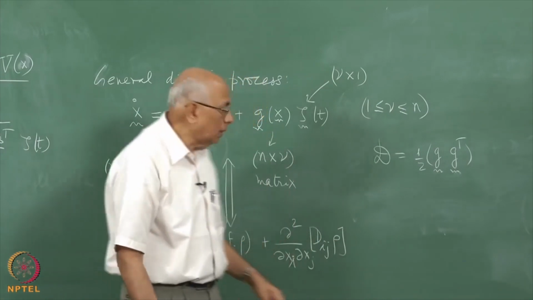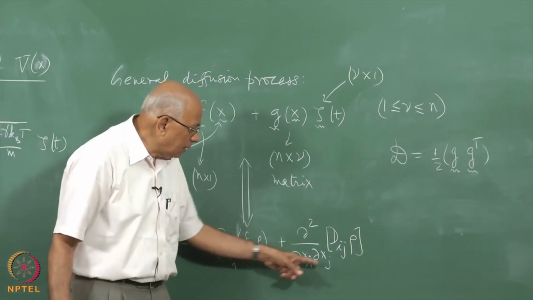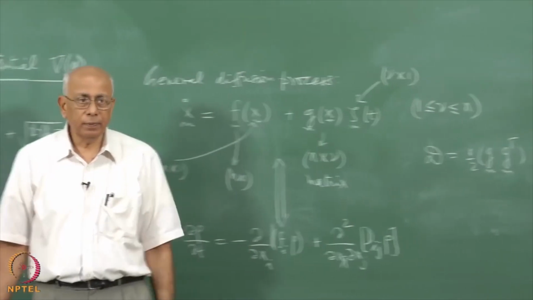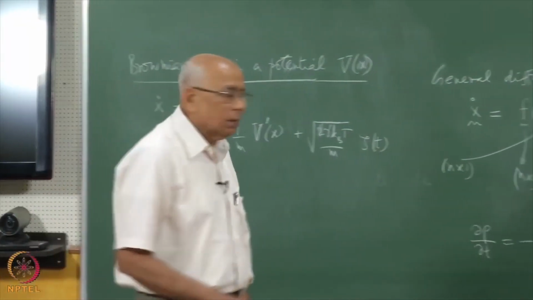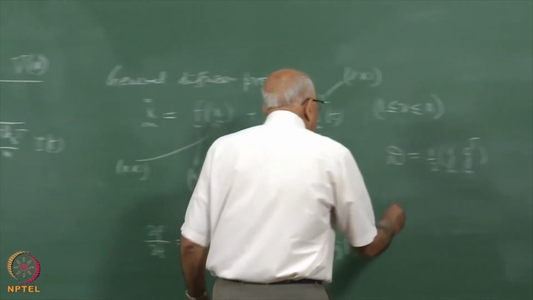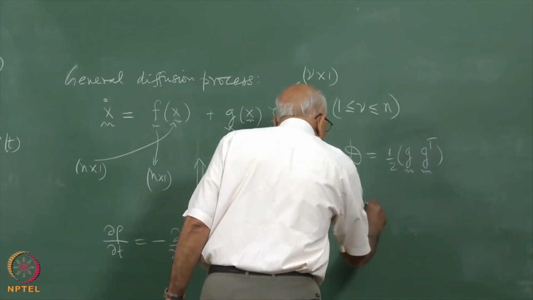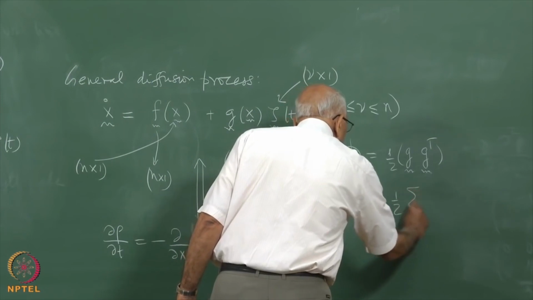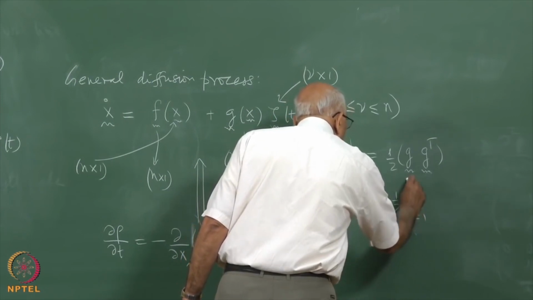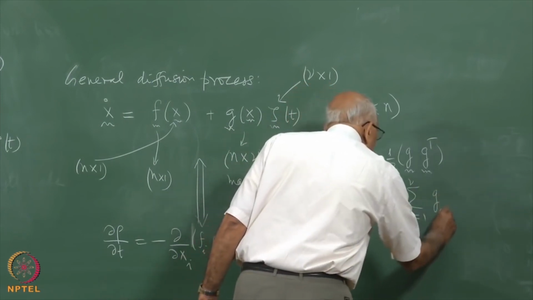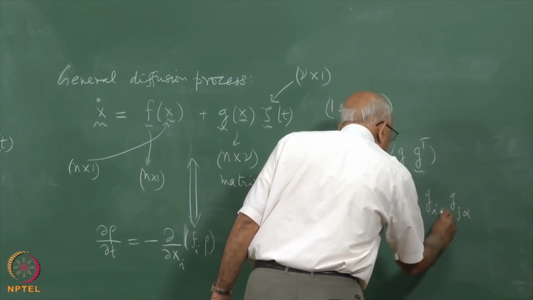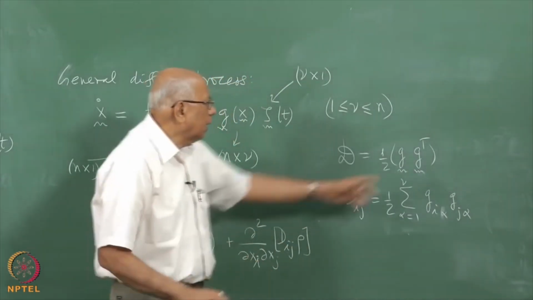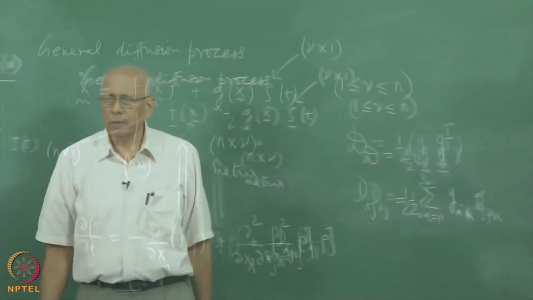D is an n by n diffusion matrix because the indices i and j run from 1 to n, and there is a summation over repeated indices. So in explicit form this implies that Dij equals 1/2 a summation from alpha equal to 1 to nu of g i alpha g j alpha. That is what is meant by transpose here, it is clear.